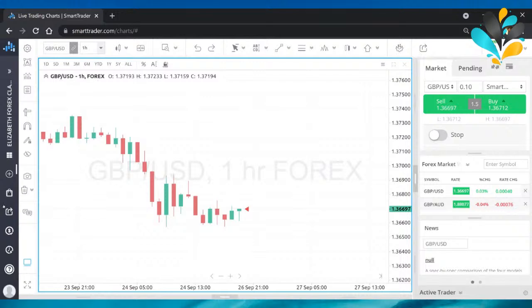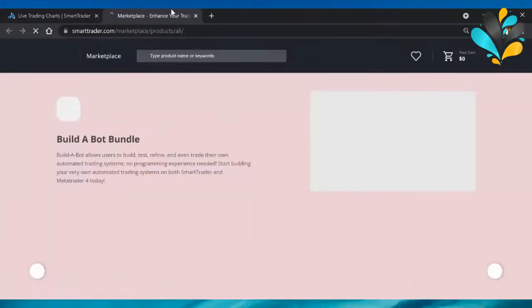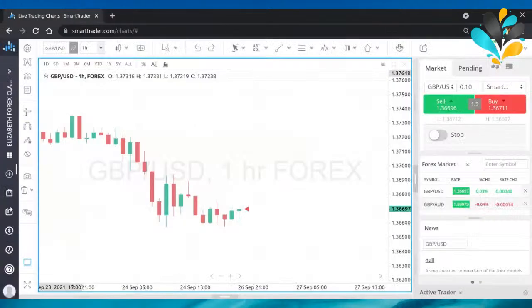Now, within the workspace area itself, on the left-hand side of the screen, you can add a workspace or a chart. You can also go to Marketplace or purchase robots there if you want to use a trading robot. But again, we are here to learn how to trade ourselves, so I don't recommend that you guys get into that just yet.